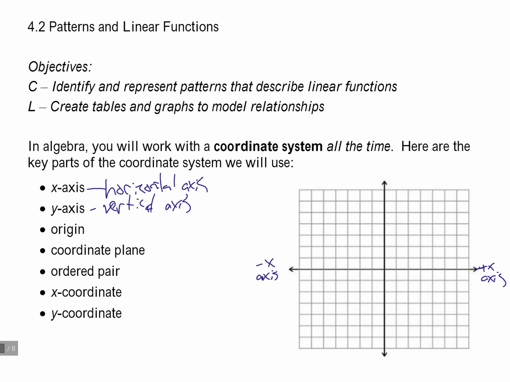And just like with the x-axis, there is a positive y-axis and a negative y-axis. So the positive y-axis is up, and the negative y-axis is down. And really, the y-axis is just another number line. It's been rotated 90 degrees, just like the x-axis was. We just turned it 90 degrees counterclockwise, is what we would say.